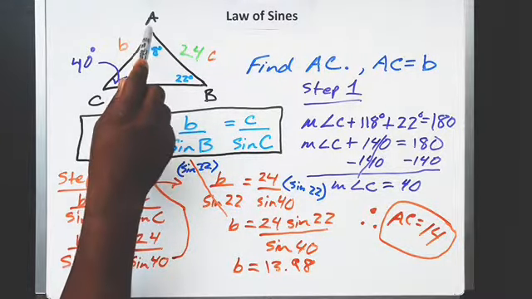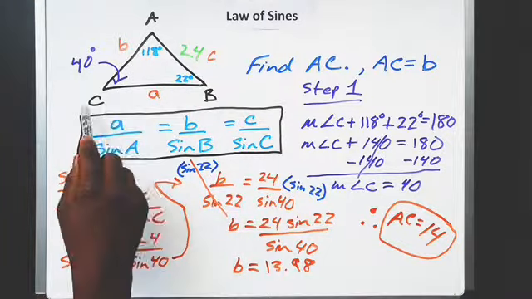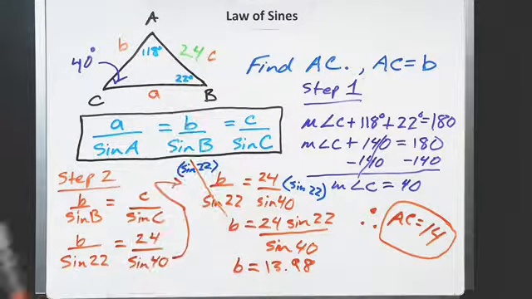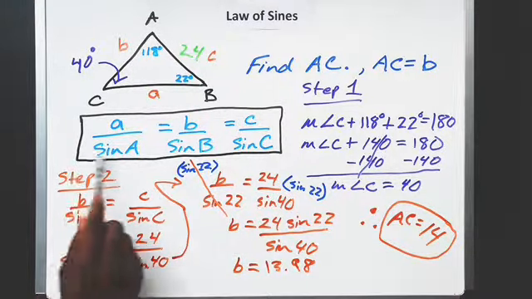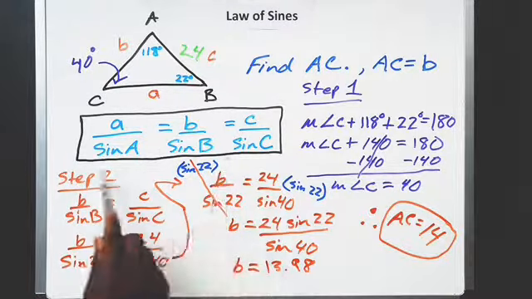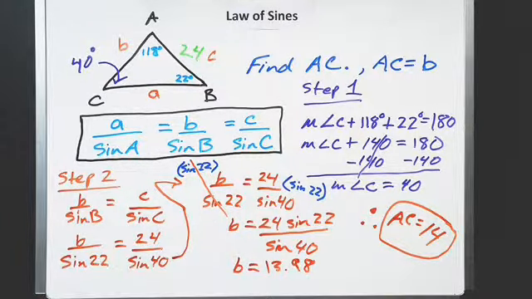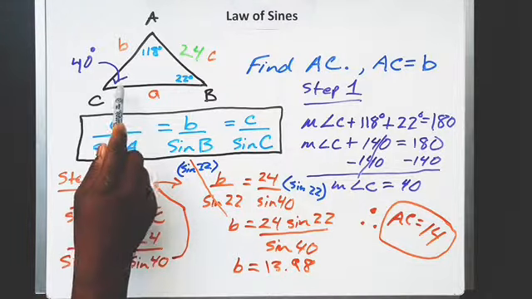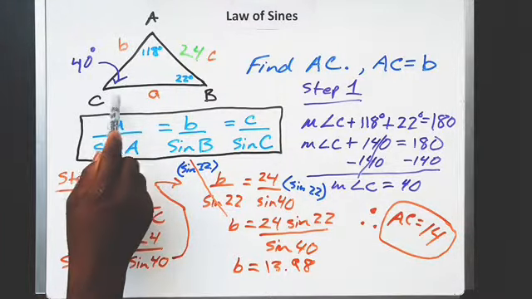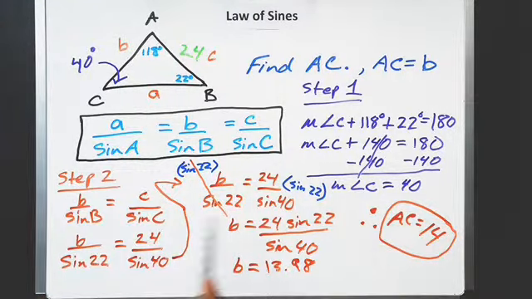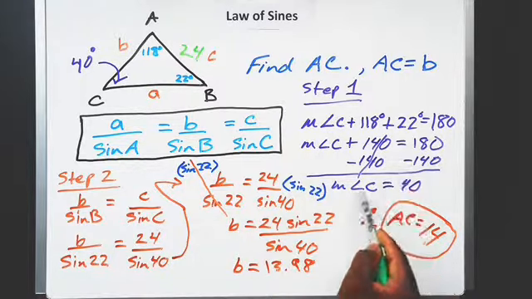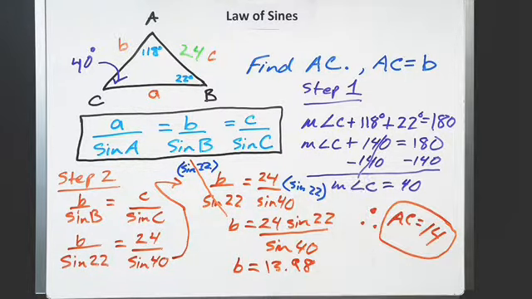The opposite of angle A is side length a. Opposite of angle C is side length c. I wrote the original law of sines equation, and I noticed that I could find the angle measure of C using some of the angles of the triangle. I found the measure of angle C, which is 40.